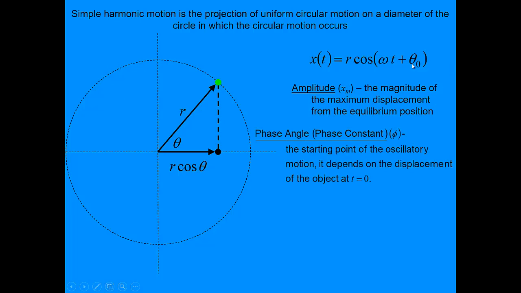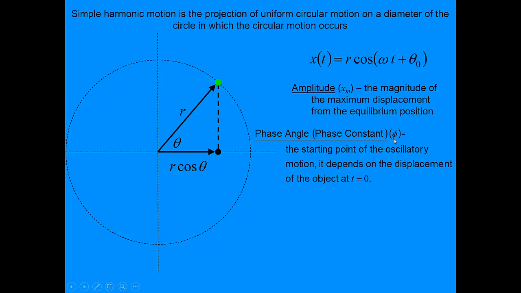Now, theta sub naught is going to be the starting position of the green dot, which is also the starting position, if you will, of the black dot. Rather than call it starting position, it's got a special name, everything does. It's called a phase angle, or sometimes a phase constant.